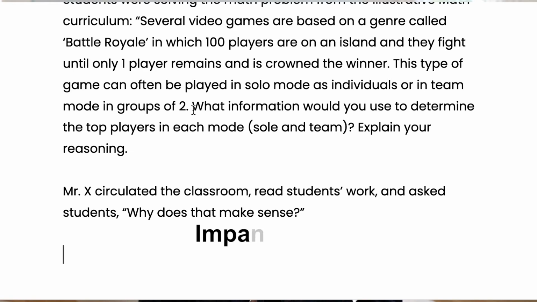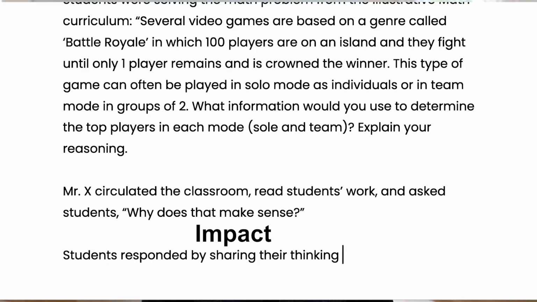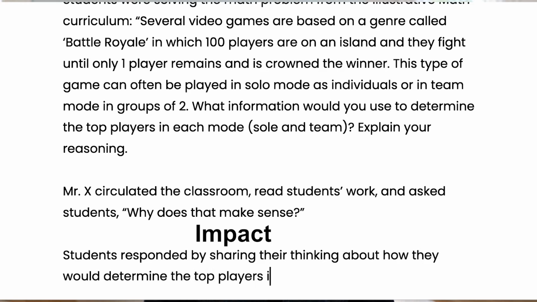So let's return to this example of the math teacher who asked, why does this make sense? What you would do for this to explain the impact is you would share at least one example of what students did after the teacher asked, why does this make sense? So for example, students responded by sharing their thinking about how they would determine the top players in solo mode versus team mode.